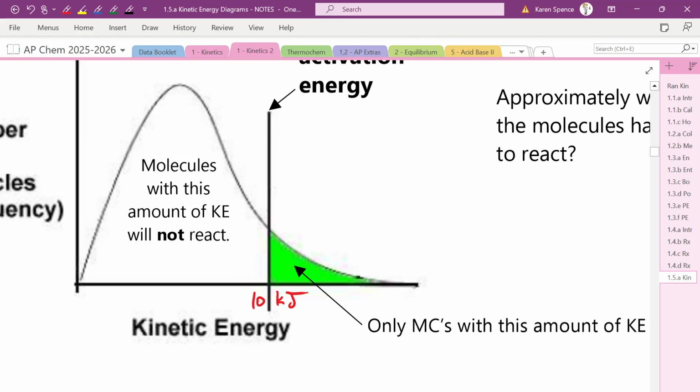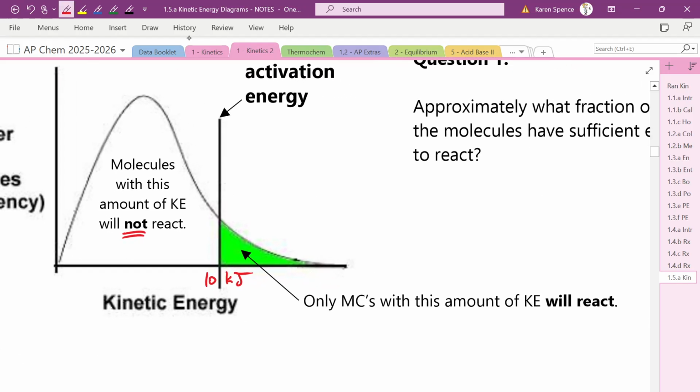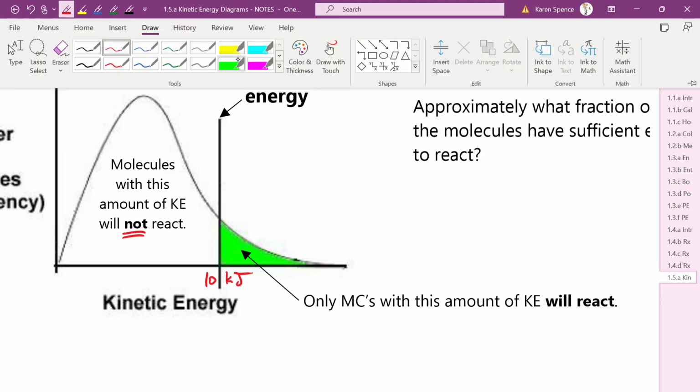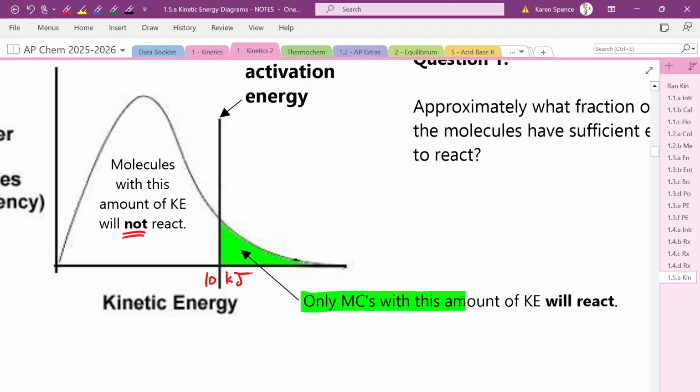All the molecules that are slower than that, that have less kinetic energy than 10 kilojoules, will not react, okay? All of the molecules in the green section have either 10 kilojoules of energy or more, which means they have enough to achieve the activated complex.